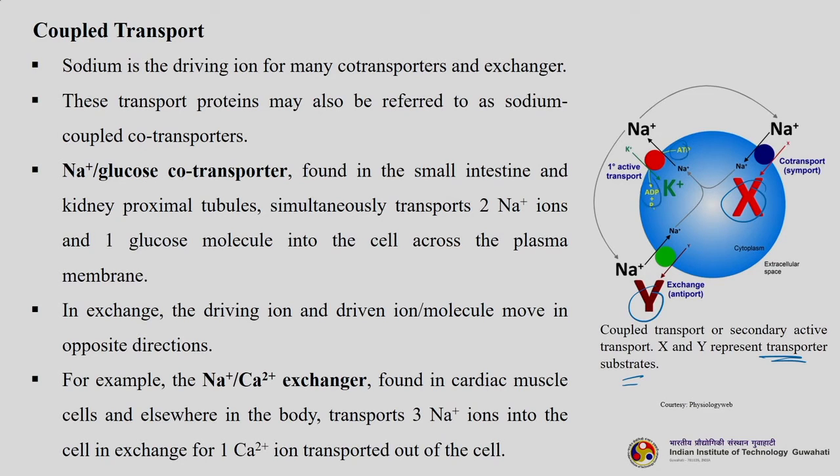Another example is the Na+ and Ca2+ exchanger, the sodium and calcium exchanger, found in cardiac muscle cells and elsewhere in the body. It transports 3 sodium ions into the cell in exchange for 1 calcium ion transported out of the cell. So, sodium is getting inside the cardiac muscle cells, whereas calcium is getting out of the muscle cells.